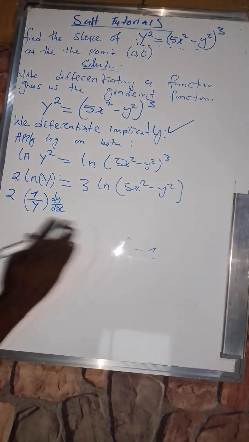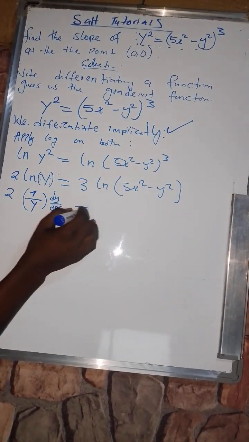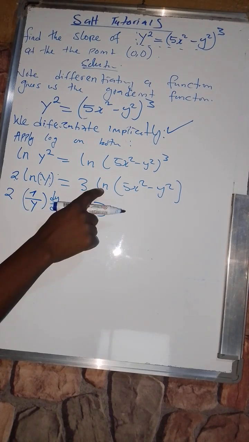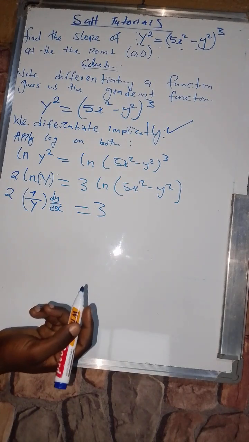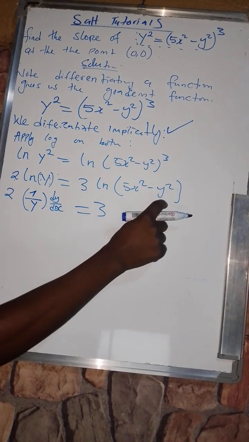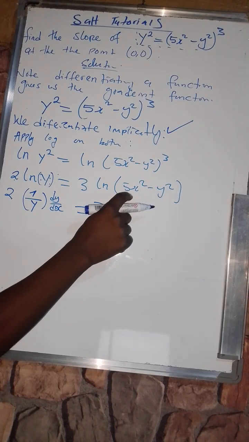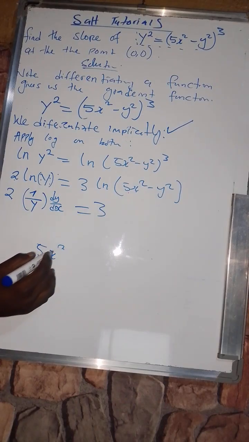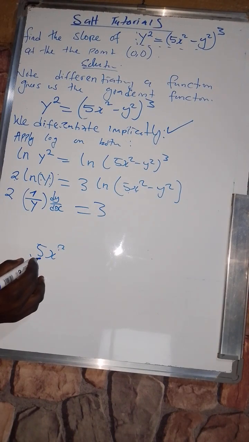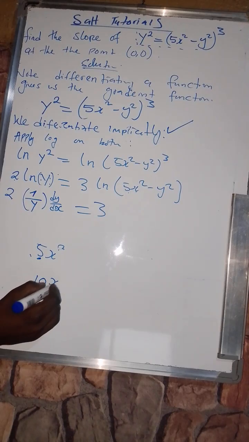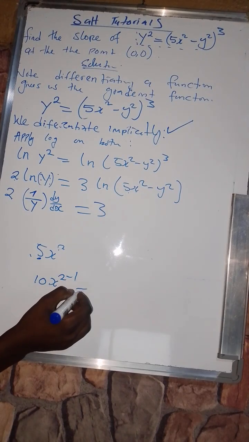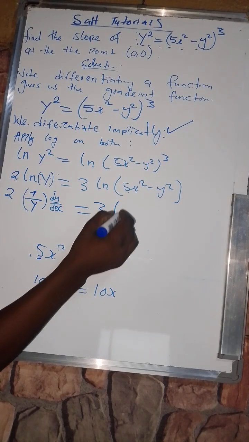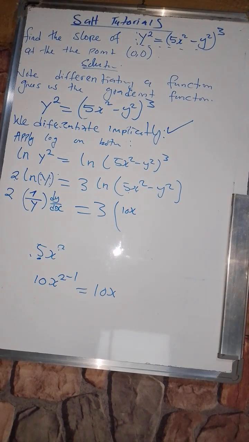I go to the second part. 3 is a constant. This is the natural log of this. What do I concentrate on? I'm just concentrating on the inside. Differentiate the inside, so 5x squared. If I differentiate 5x squared, the 2 will drop down, so 5 becomes 10x, since 2 minus 1 is 1. So here I'm going to have open bracket 10x, which is the derivative of 5x squared.